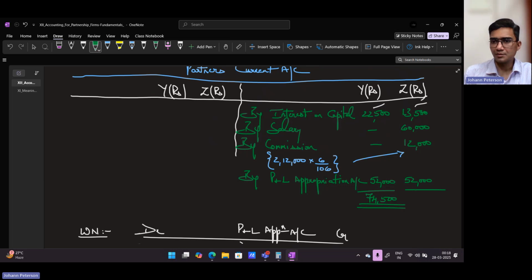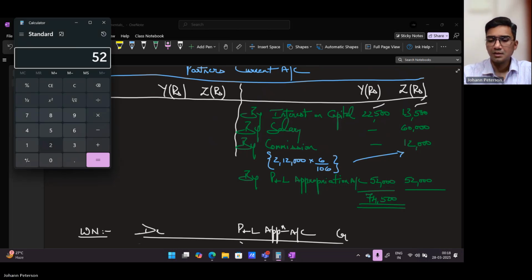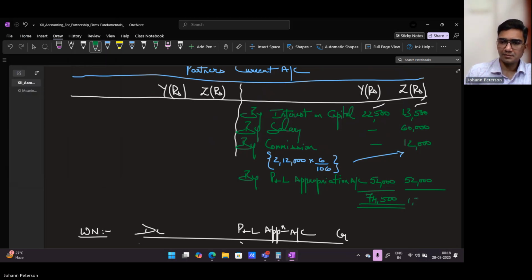On the other side, 52 plus 12 plus 60 plus 13,500 gives 137,500. The same amount will be written here.